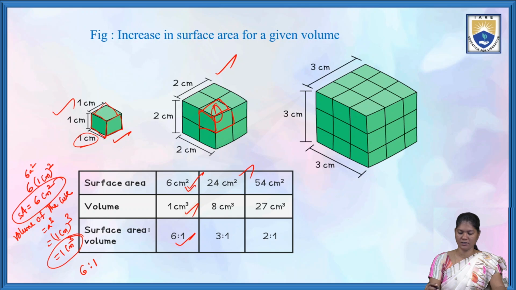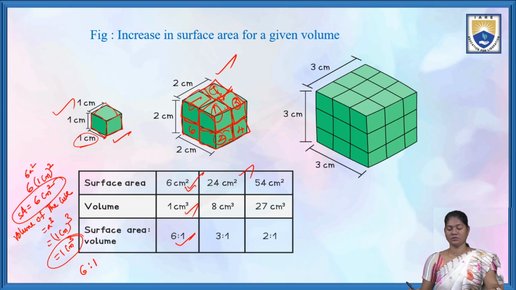This is 1, 2, 3, 4, the same like here, 5, 6, 7, and parallelly downwards it's 8. So the cube is divided into 8 pieces.